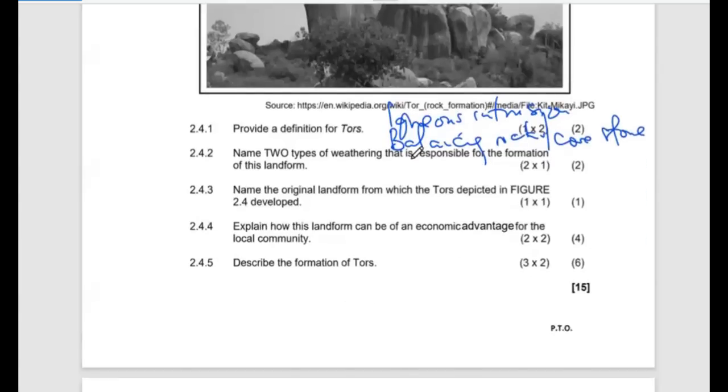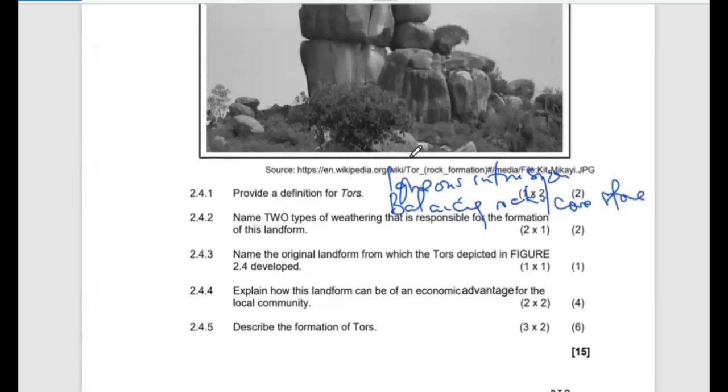They name two types of weathering that is responsible for the formation of this type of landform. Basically, this landform here is as a result of chemical weathering taking place when the rock is ultimately underneath the Earth's crust.